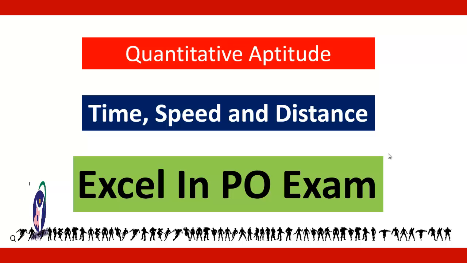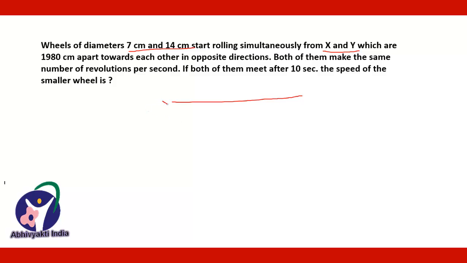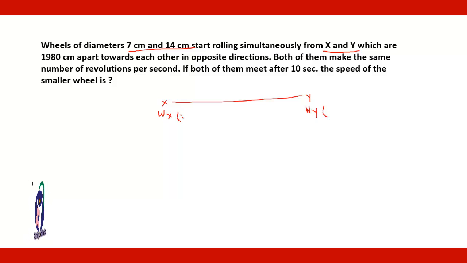Here is the first question on the screen. Wheels of diameter 7 centimeter and 14 centimeter start rolling simultaneously from X and Y. I denote this wheel by WX and this wheel by WY, whose diameter is 7 centimeter and this diameter is 14 centimeter.